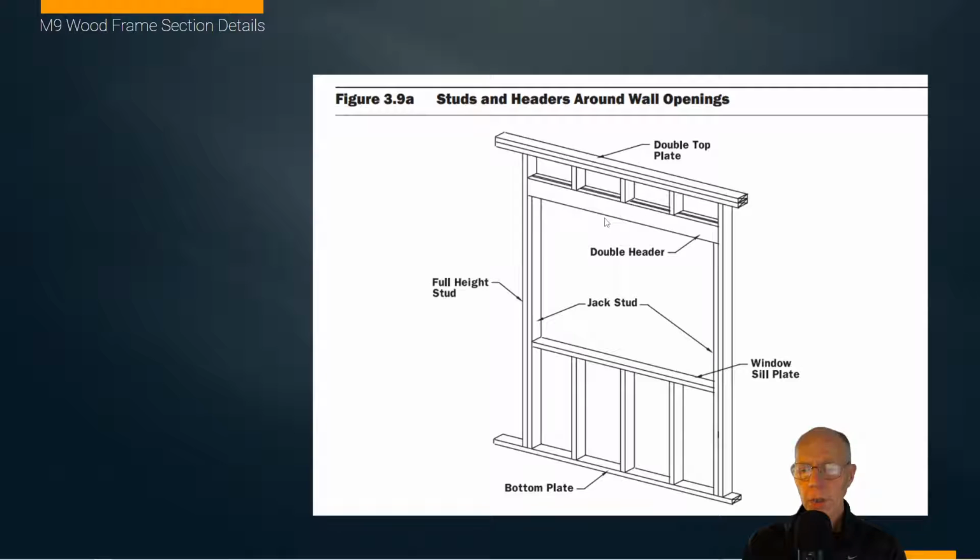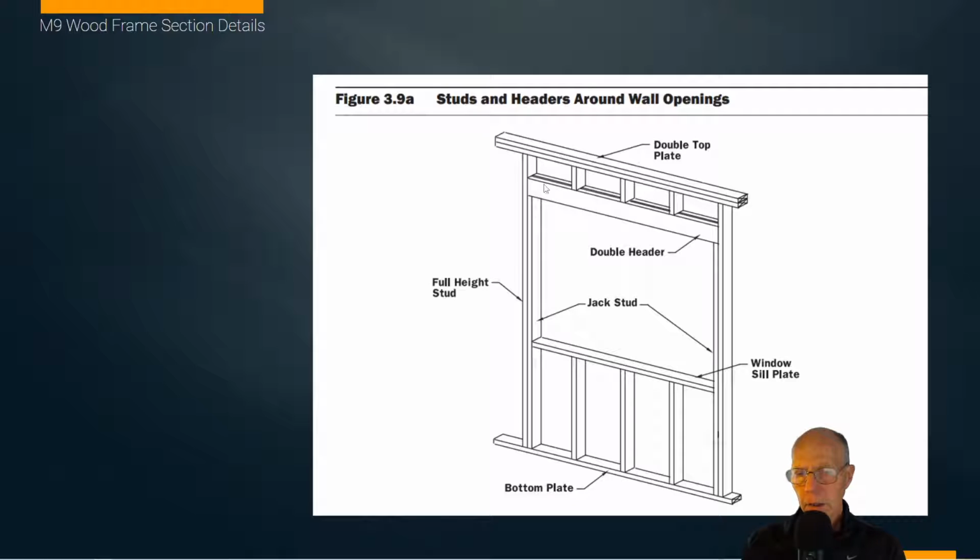When we come to an opening and we have to interrupt the stud, the center stud that's supporting the wall and then eventually the roof, we need to put in what's called a header. A double header is a typical way to do that. That is 2 pieces of lumber of sufficient structural strength to support the load being placed on it from the roof and carry it over to the sides of the window or the opening.